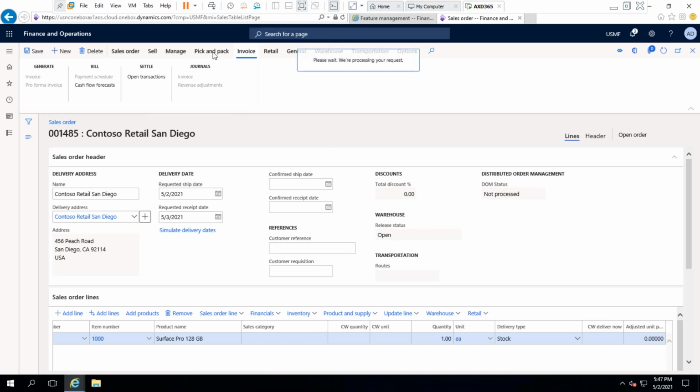Now, if you do packing slip, you will get an error message. I mean to say, it will show a warning message kind of group credit limit is there because we have enabled that group credit limit.